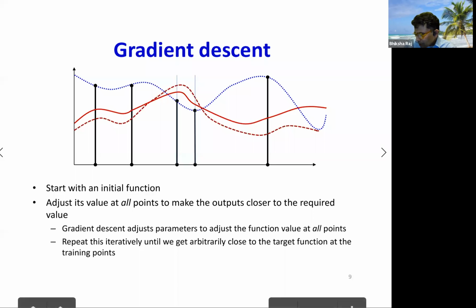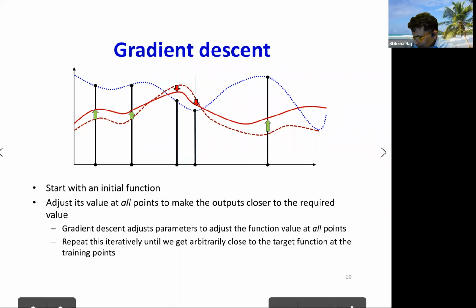So in the next iteration of gradient descent, we will once again try to correct the error at all of these training locations. Again, we're going to try to push this up here. We're going to try to push this up here. We're going to try to push this down, this up. And we'll update our parameters to do all of this because we are considering all of our training points together, right?